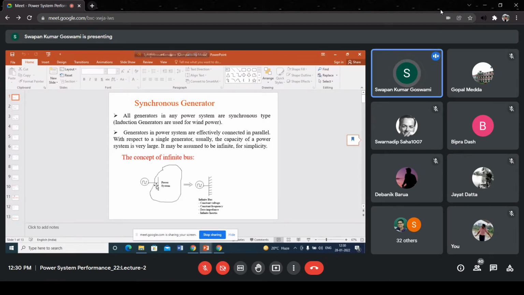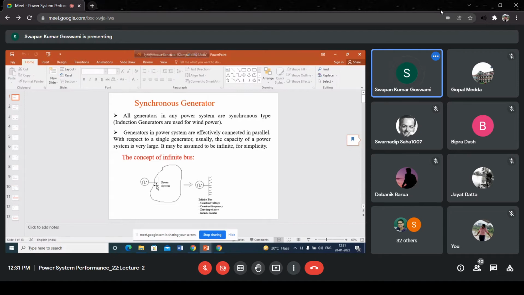So we are talking about a generator in a group of a large number of generators connected in parallel. With respect to a single generator, usually 200, 300 or even 500 megawatt, the capacity of the power system is very large, around 370 gigawatt.